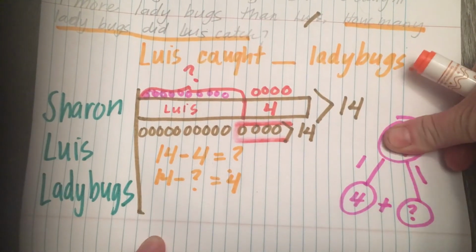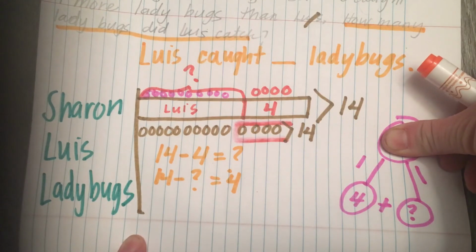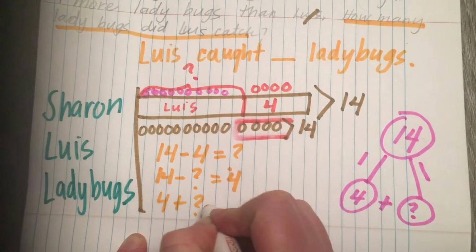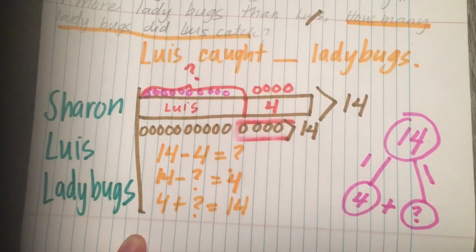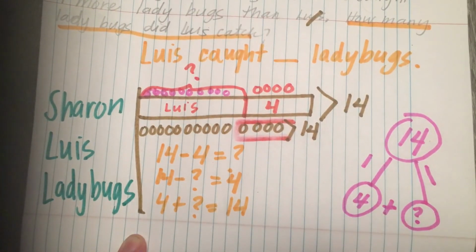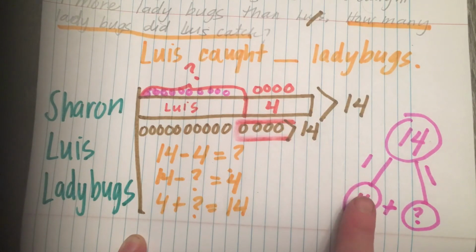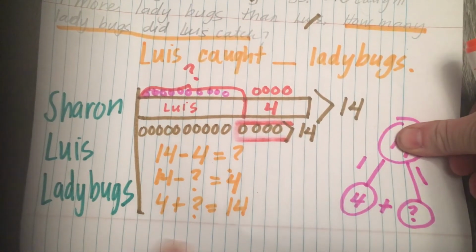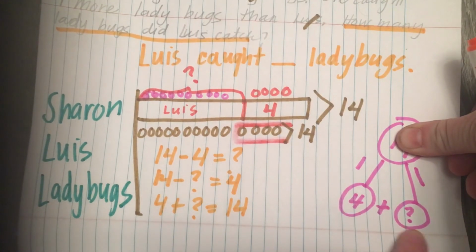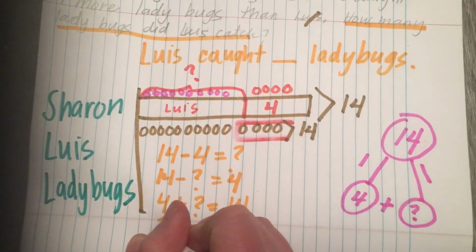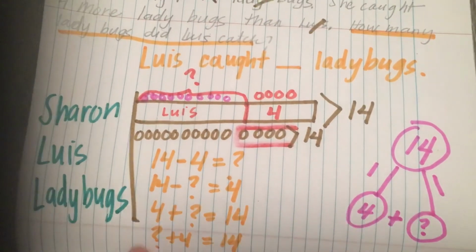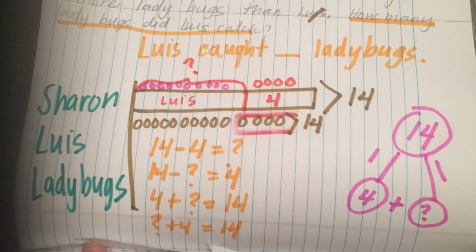I'm going to cover up my whole and say 4 plus a question mark equals 14. Then I'm going to cover up my whole again. Remember the commutative property: question mark plus 4 equals 14. Now my work is easy. All I need to do is solve for my question mark.